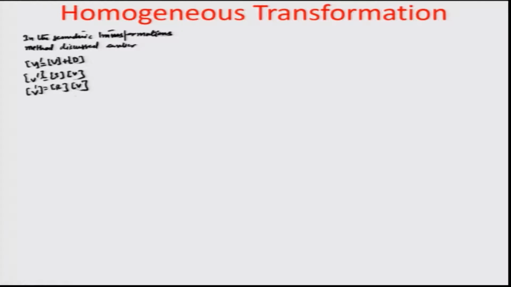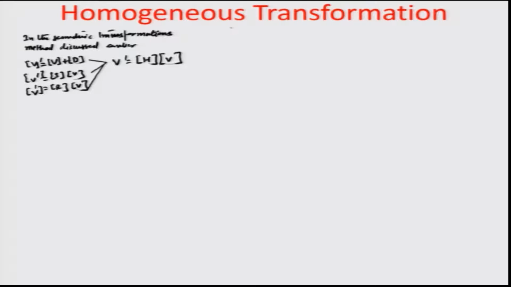So, we want to convert all this into a form where V dash is some homogeneous set of matrices which can transform the points, translation, rotation, scaling and so on, times the initial vector.